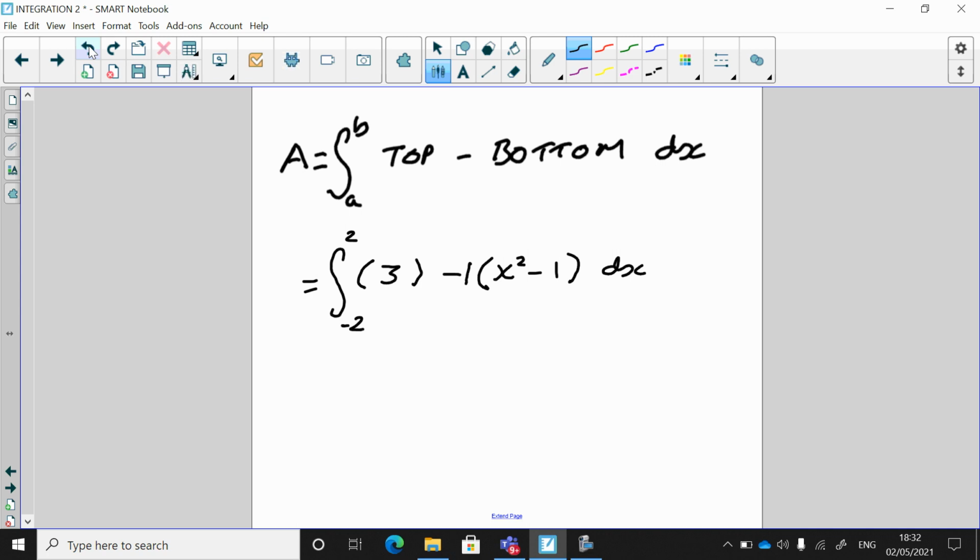Okay, let's get rid of these brackets here. So we have 3 take away x squared plus 1, hopefully. The 3 and the plus 1 will interact.